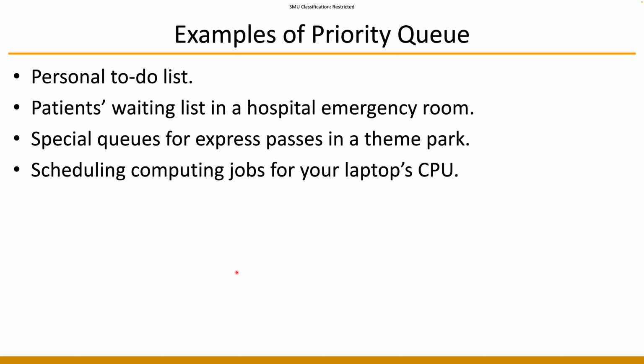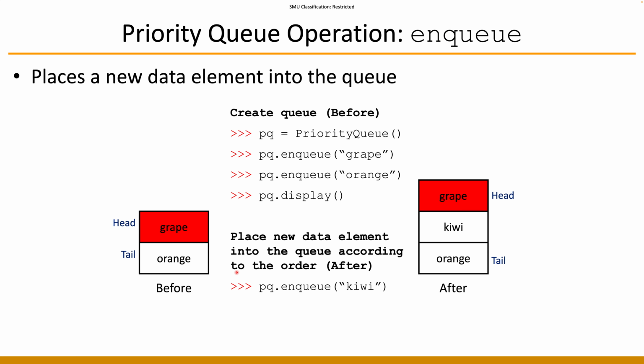You determine their priority, then for those high priority patients, you have to see them immediately, right? And even on your computer, if you open up your task manager, you will see that depending on the urgency of the task, the more urgent task will definitely receive a higher priority value.